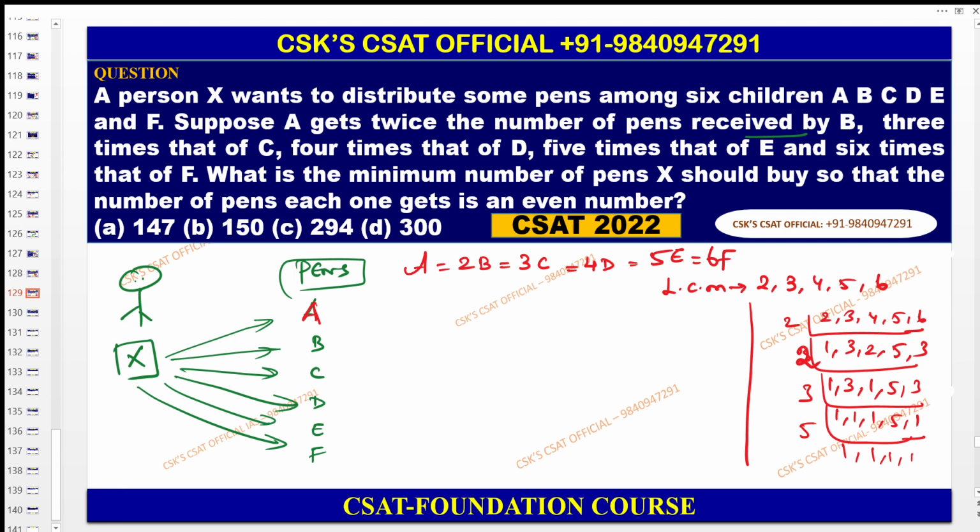So therefore 15 into 4 is 60. So therefore here A is equal to 60. Yes, correct. A is equal to 60.